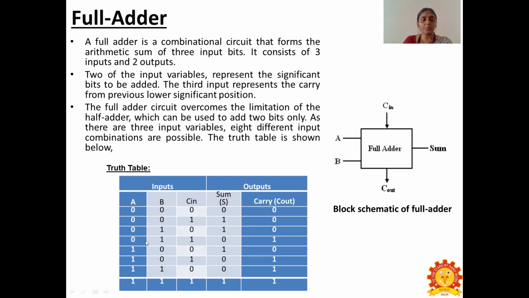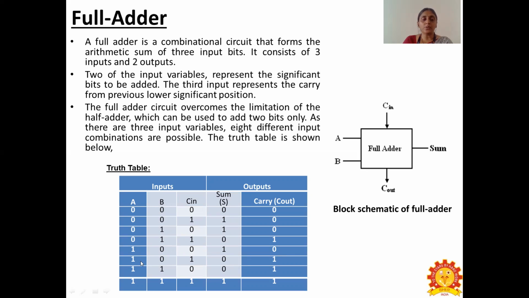And the fourth input 011, where we get the sum value as 0 and carry value as 1. And the next input here is 100, where the sum is 1 and the carry is 0.